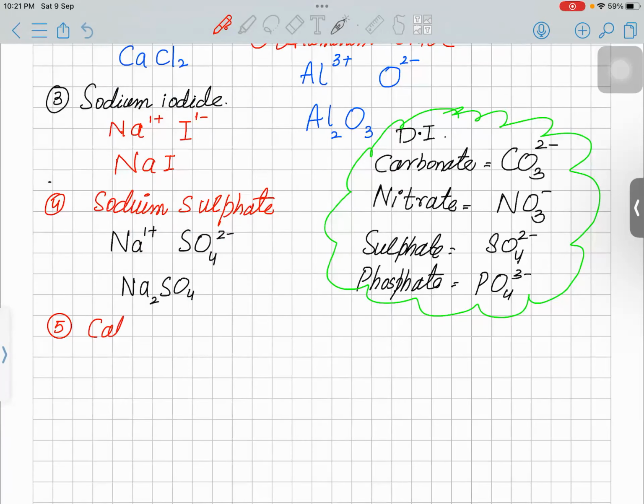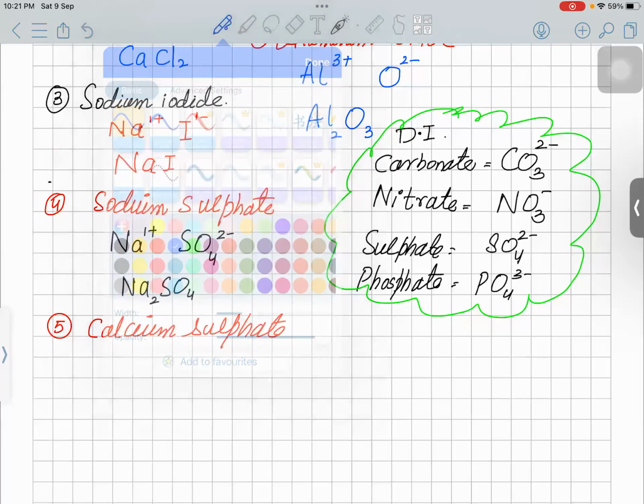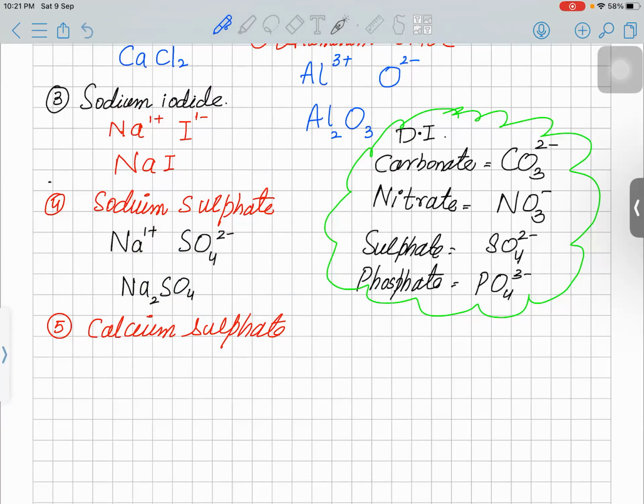Now 5 is calcium sulfate. Just tell me how to write the formula. Sir, calcium is Ca, which is 2 plus, and sulfate is SO4 2 minus.